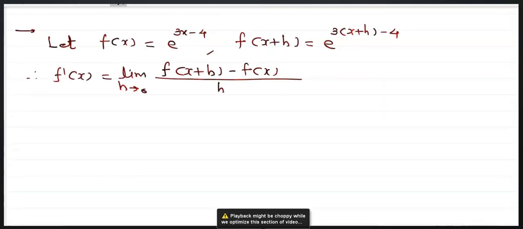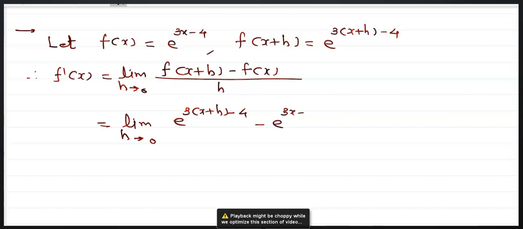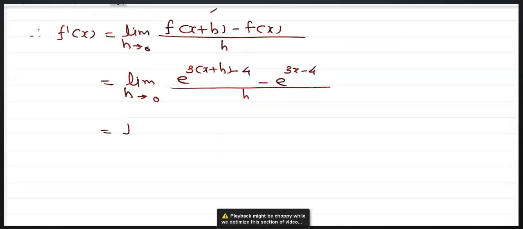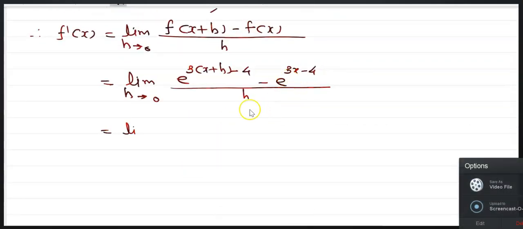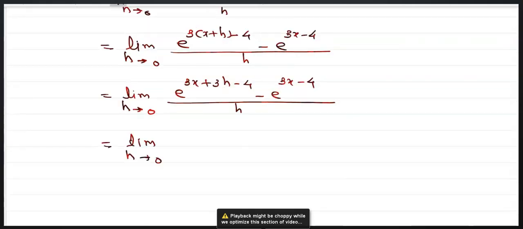Limit h tends to 0 e raised to 3 in bracket x plus h minus 4 minus e raised to 3x minus 4 upon h. Now, the simplification is limit h tends to 0 e raised to 3x plus 3h minus 4 minus e raised to 3x minus 4.